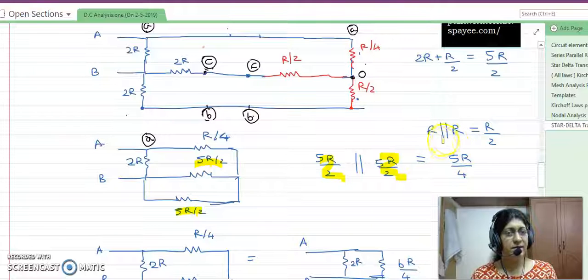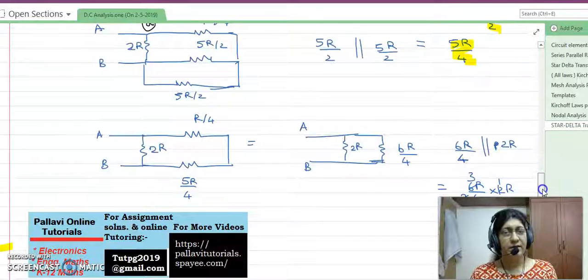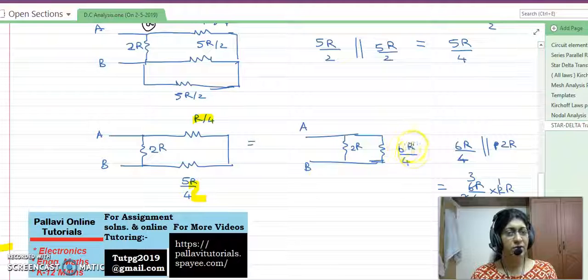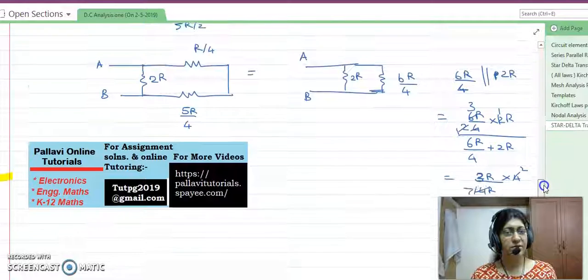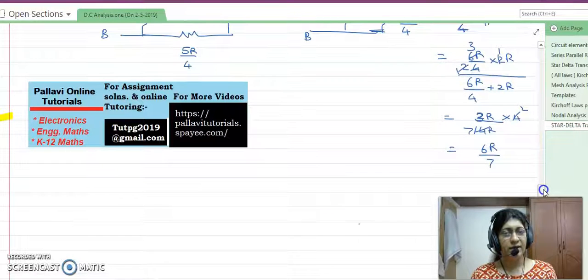In previous sessions I told you R in parallel with R is always R by 2, so this gives 5R by 4. So we get a simple neat diagram whereby these two resistances are in series, which turns out to be 6R by 4. 6R by 4 again is in parallel with 2R, which turns out to be 6R by 7. Thank you very much.